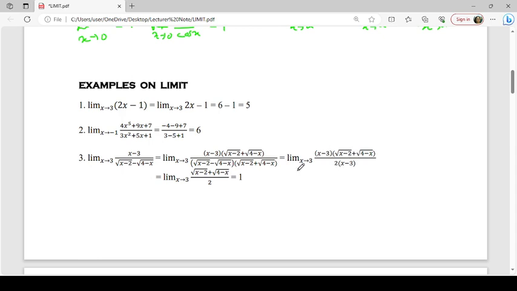You can cancel it because x tends to 3, x is not equal to 3, it is a non-zero value, so we are cancelling this.